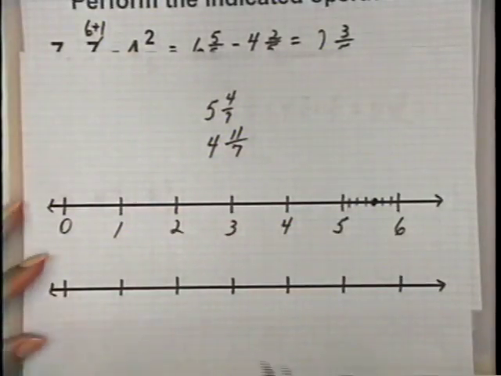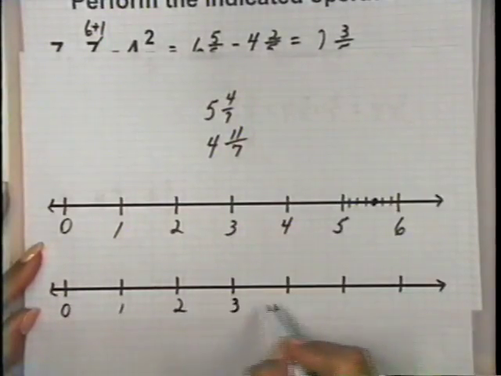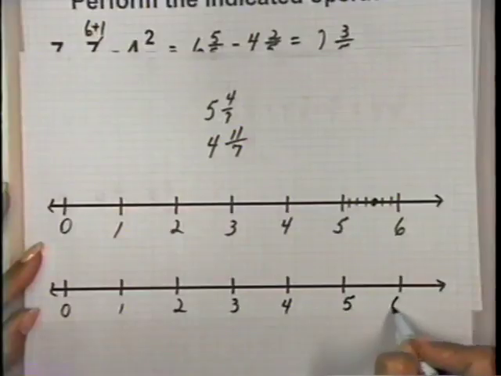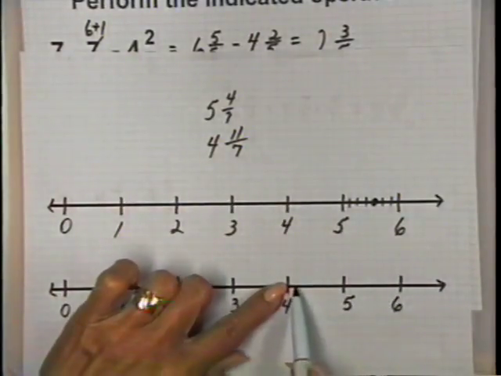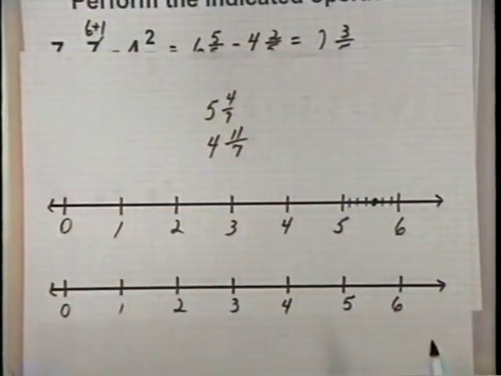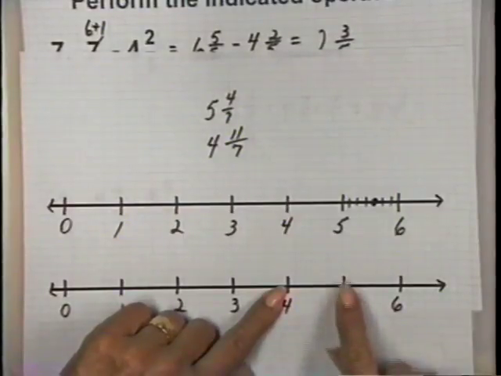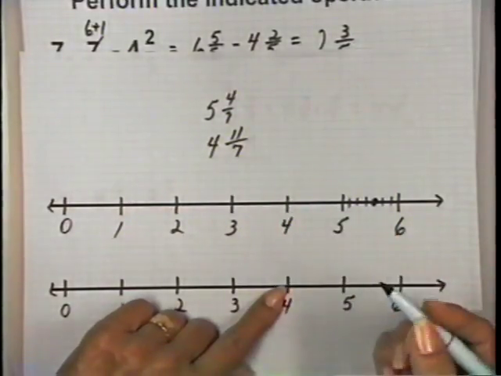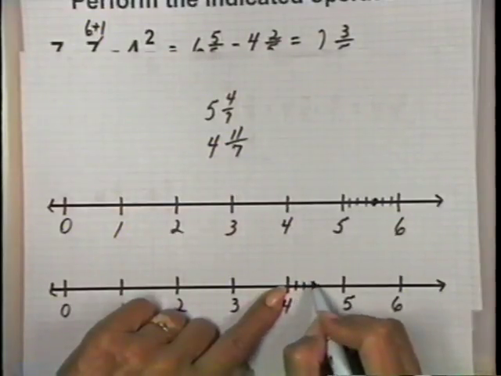Let's look at 4 and 11/7. Let's mark 0, 1, 2, 3, 4, 5, 6. Of course, we go to our 4, and then we need to move 11/7 to the right. Well, my unit of 1 from 4 to 5, since my denominator is 7, I know I want to divide it into 7 equal intervals.